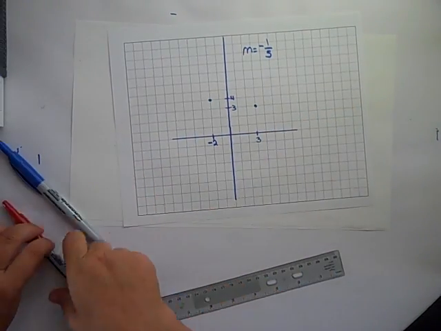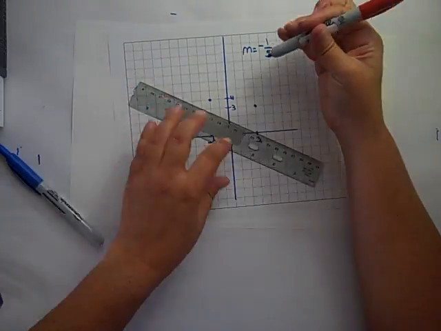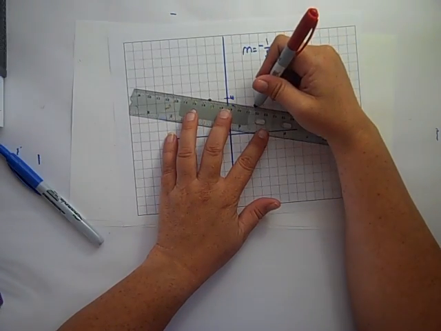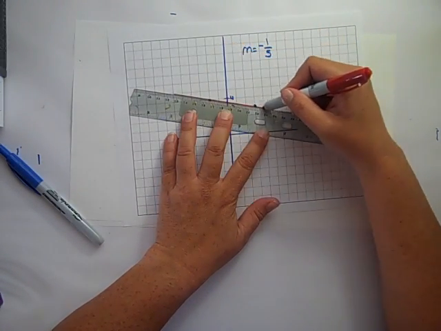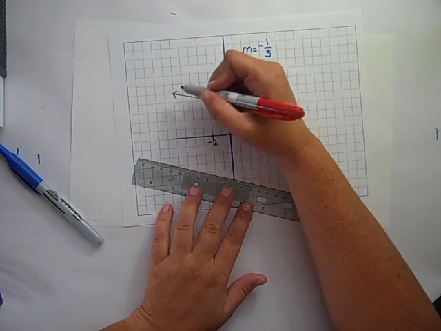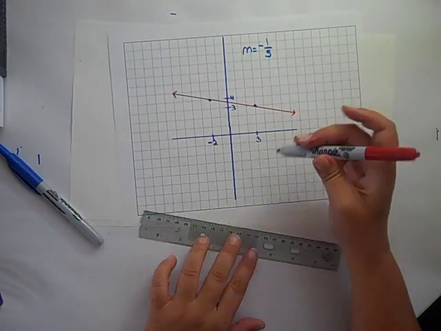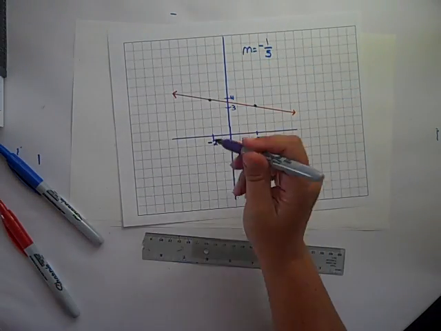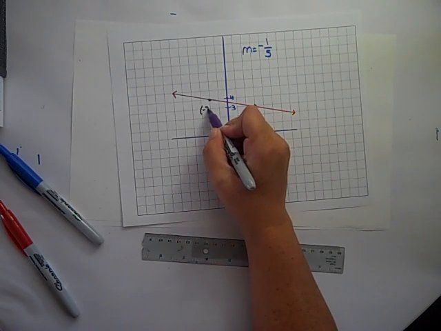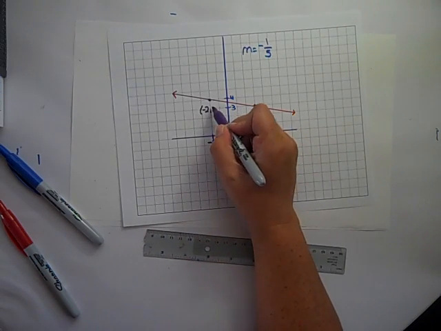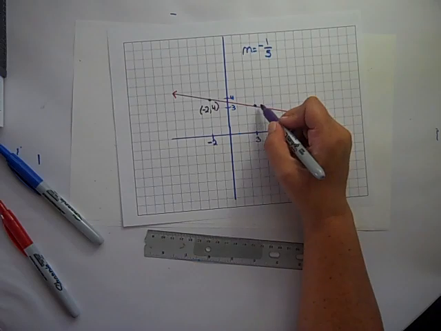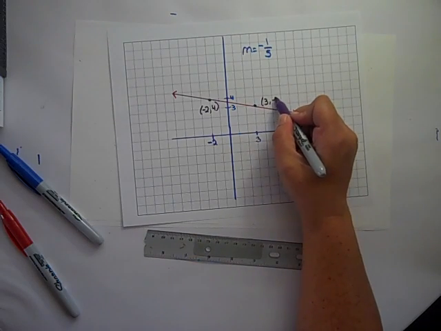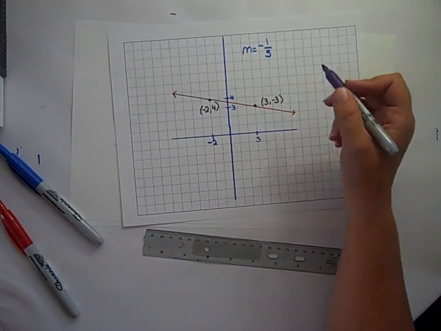So we can connect our line. And we get -2, 4 for the first point, and 3, -3 for the second point.